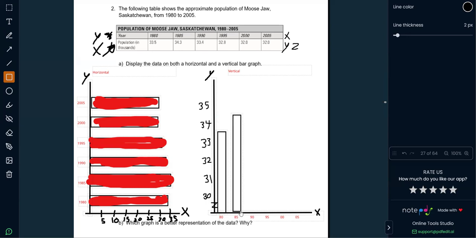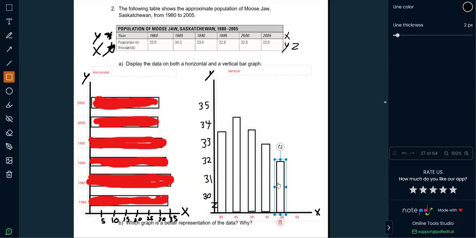So that's about right here, a little bit shorter. 1990 was 33.4. 1995 was 32.8. 2000 was 32 on the dot, as was 2005. So now all of a sudden, do you notice how the data is a lot more clear in terms of what is actually happening here?